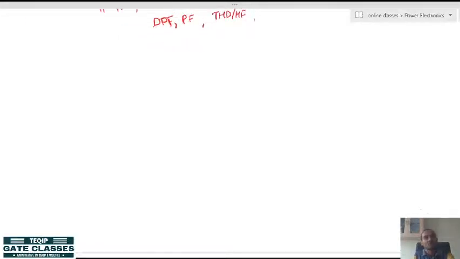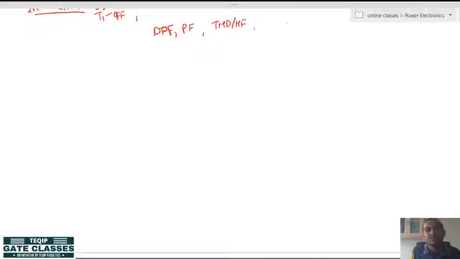So, let me draw the source current waveform here again, just for reference purpose. So, our source current is like this.